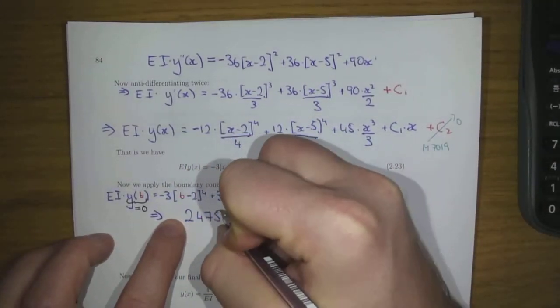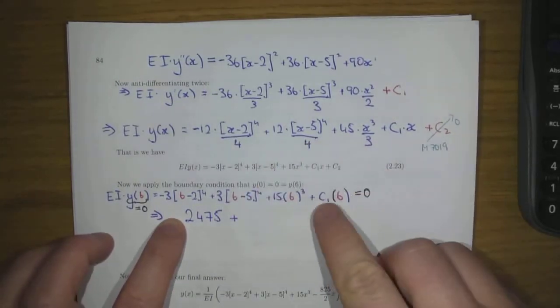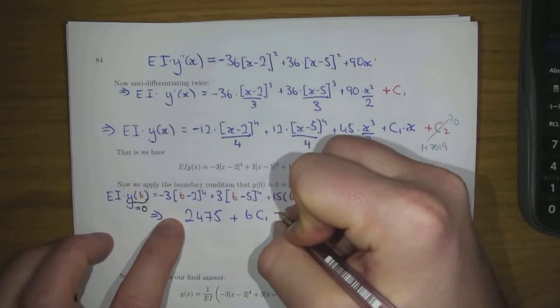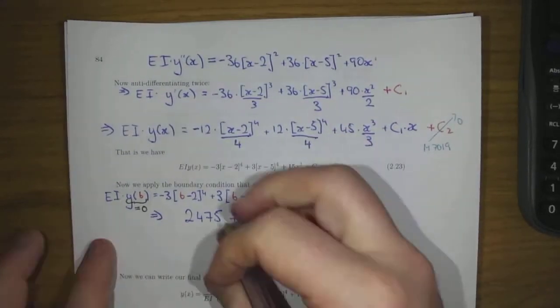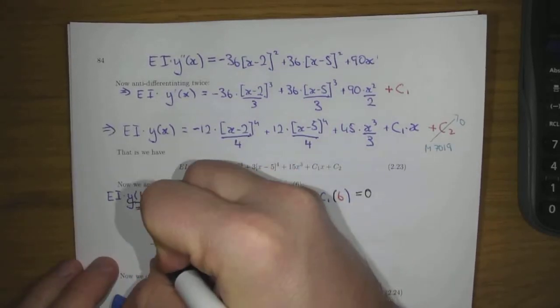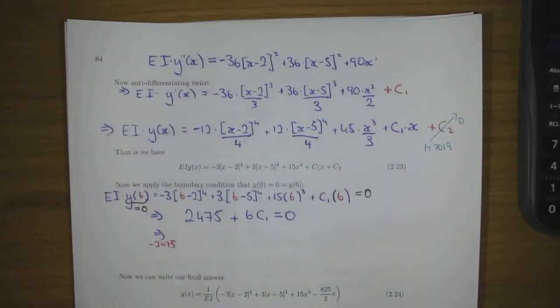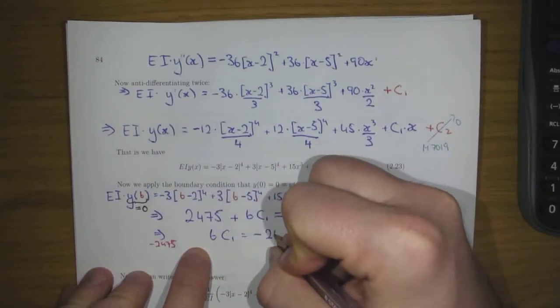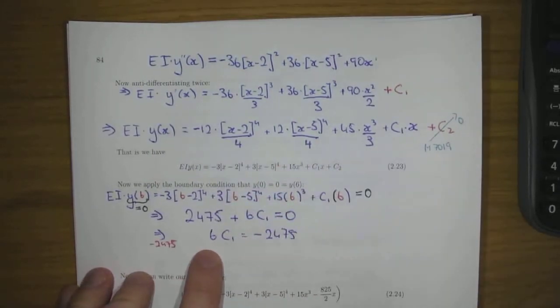Now remember, C1 times 6 is 6C1. I want my C1 to be negative. So if I take this away from both sides, I get 6C1 is minus 2475, and now I divide both sides by 6.